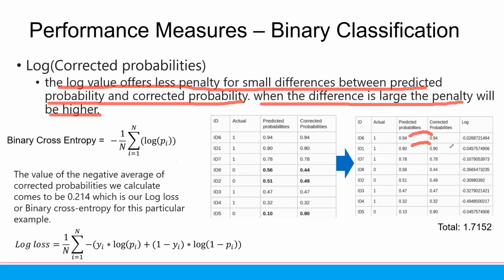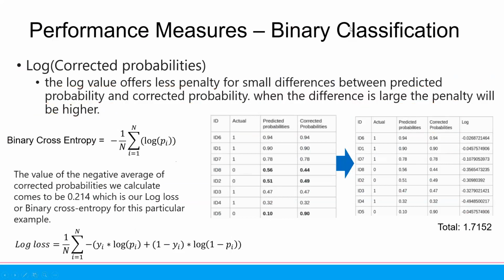So if we have 0.94, is it near 1 or not? Or 0.90, is it near 1 or not? If it is far, or if the difference is large, then the penalty will be higher. So you can take the log of 0.94.